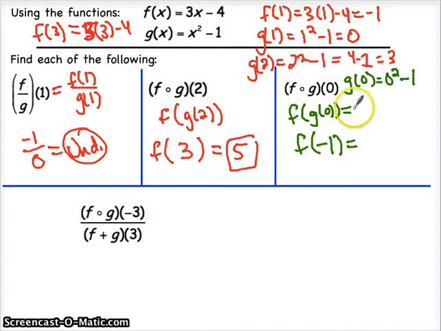So what we really want to find is just f of negative 1. The output from g of 0 becomes the input for our next function. F of negative 1 is 3 times negative 1 minus 4, or negative 3 minus 4 is negative 7.